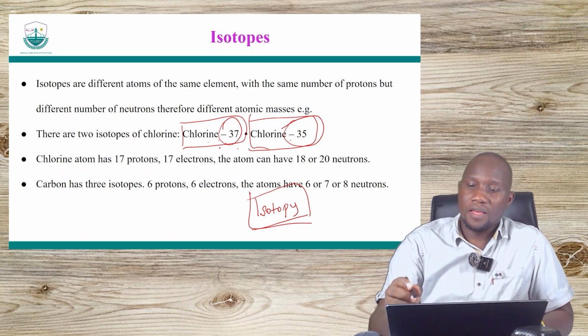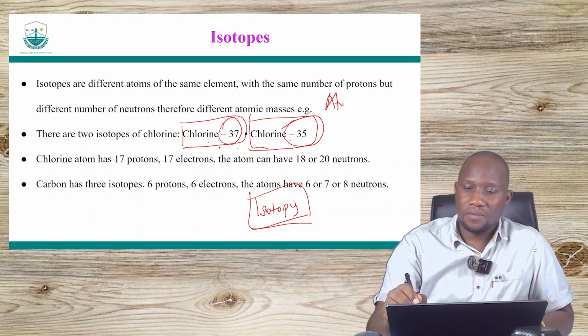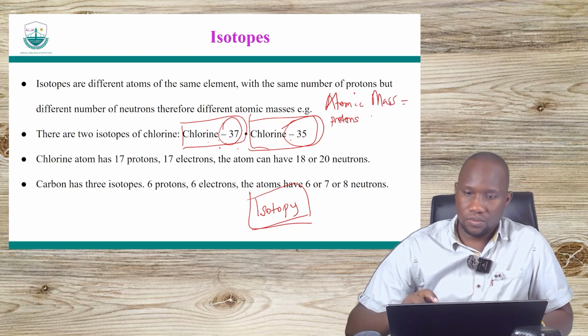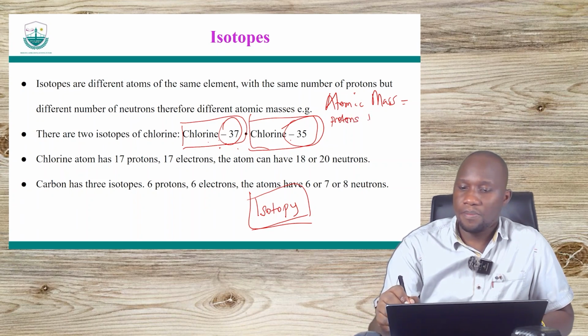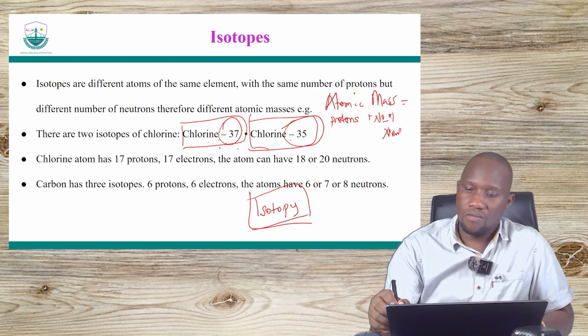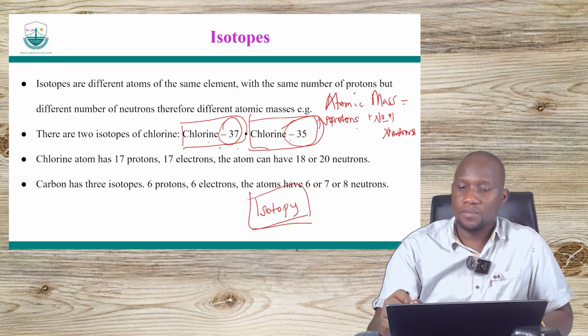Remember, atomic mass is equal to the number of protons plus the number of neutrons. This is the number, okay?